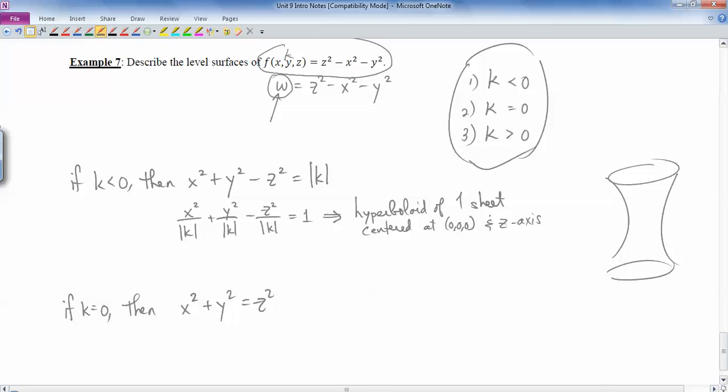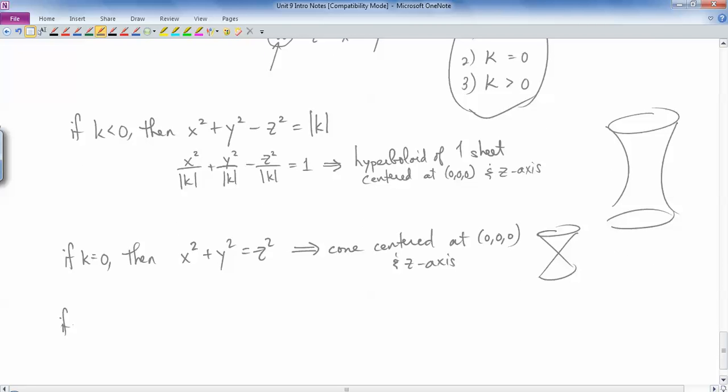And you can work that out a little bit if you don't trust me on that, but I'm pretty sure I'm right. That's going to be a double cone centered at 0, 0, 0 and the z-axis. So that's going to be this sort of shape.